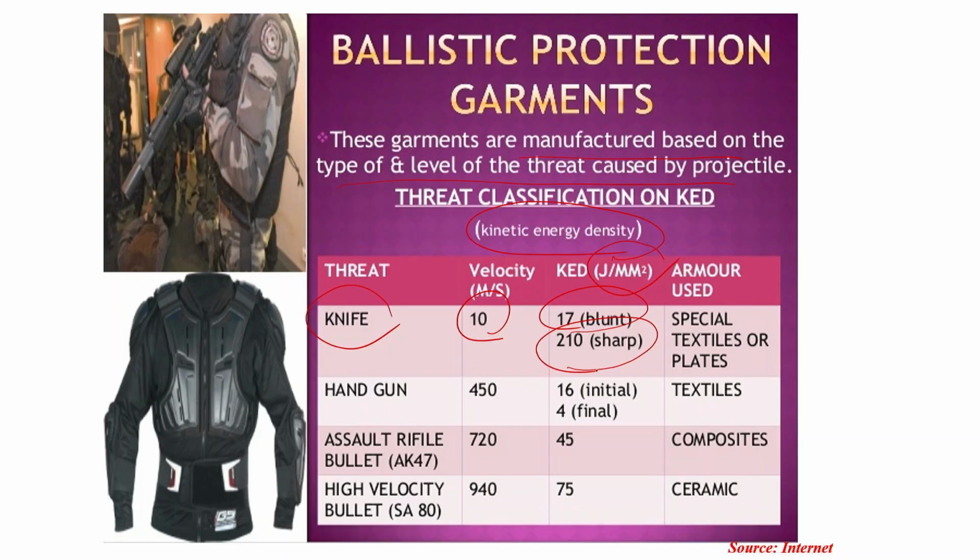So, for knife you see the kinetic energy density is very high. Although the velocity is low, kinetic energy density is very high, particularly for sharp knife. So, we need special material due to the very high kinetic energy.